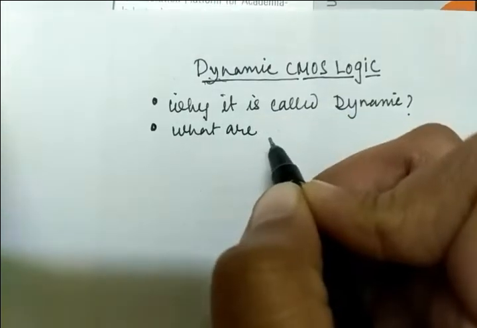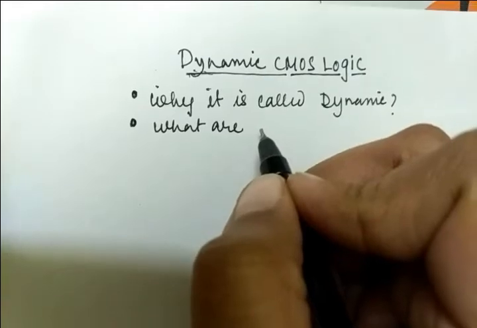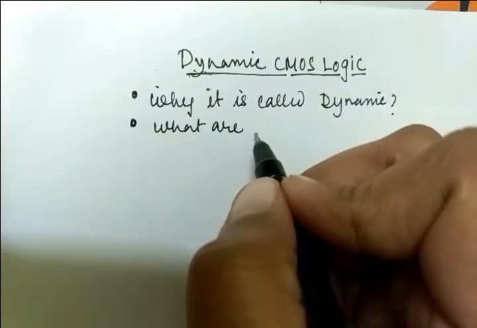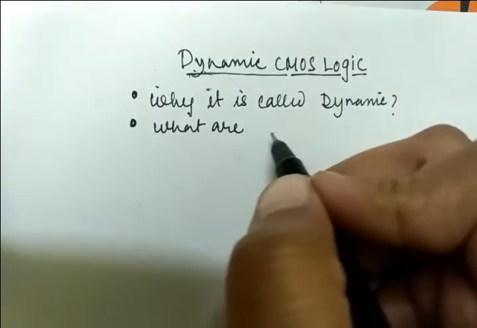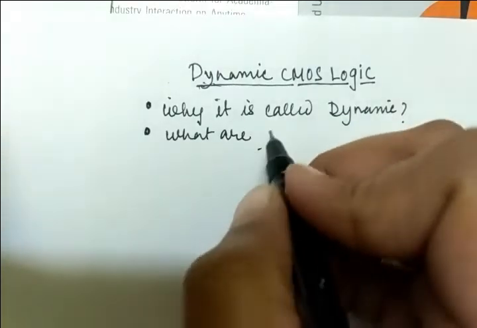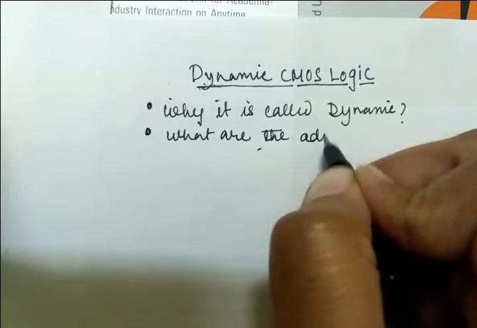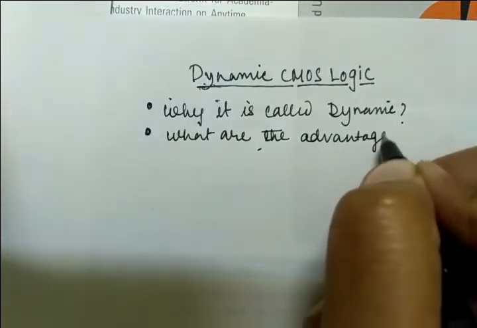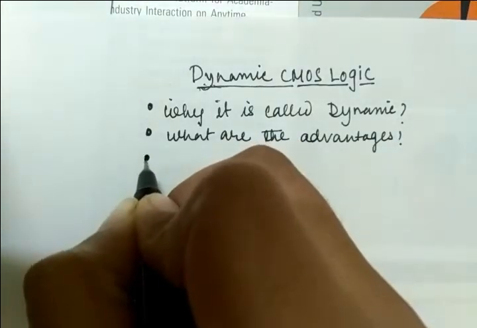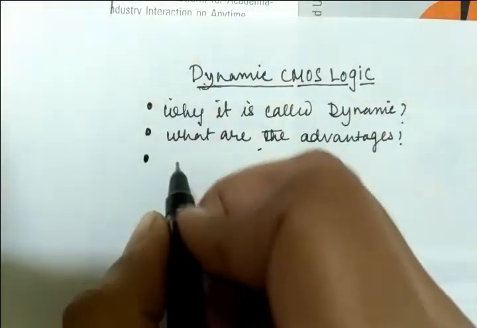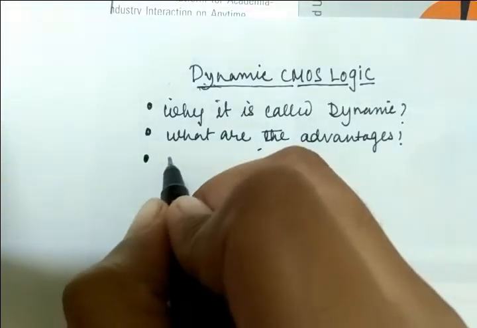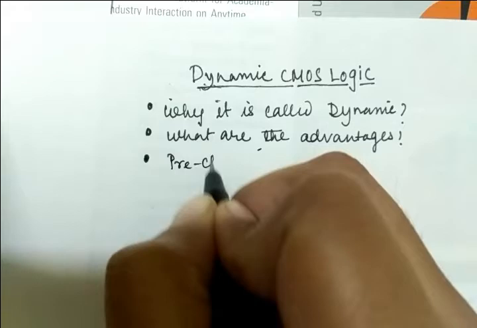Because we have already studied so many things related to combinational logic circuit, sequential logic circuit, CMOS design, everything. So what are the extra advantages of this dynamic logic circuit? Now the third one, pre-charge and evaluate logic.